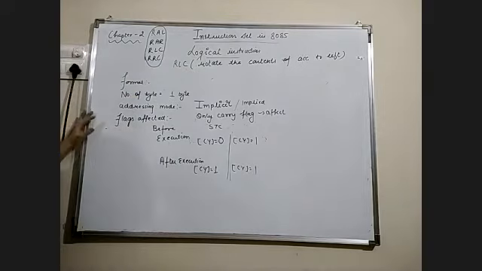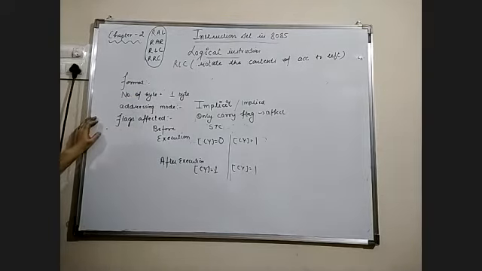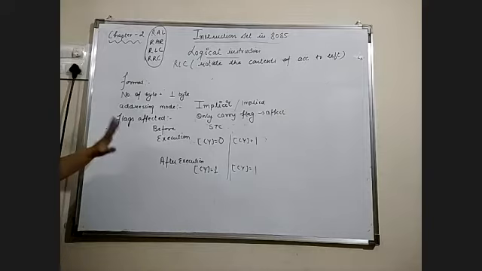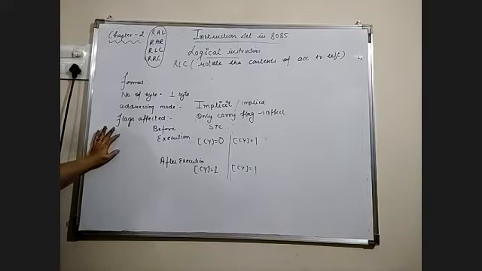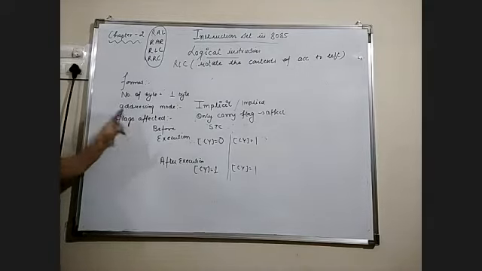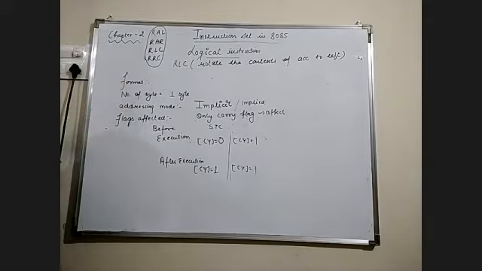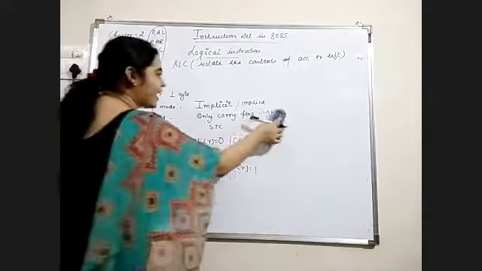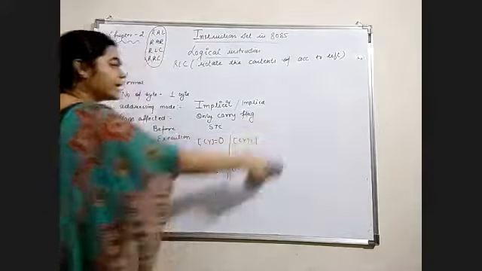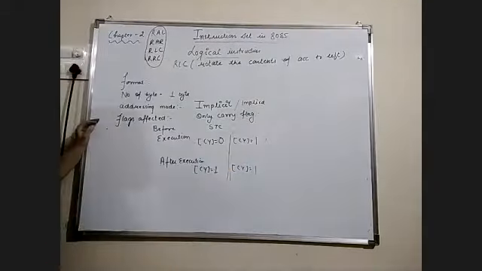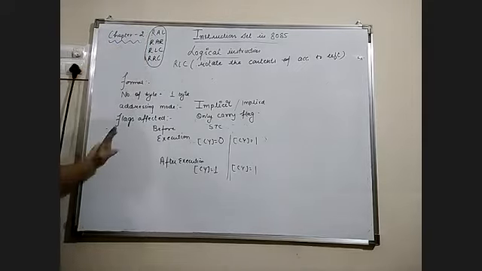If anything is explicitly specified and we perform an operation with it, then the addressing mode is something other than implied. Flags affected: only the carry flag will be affected. Other flags won't be affected after the execution of all these 4 instructions.